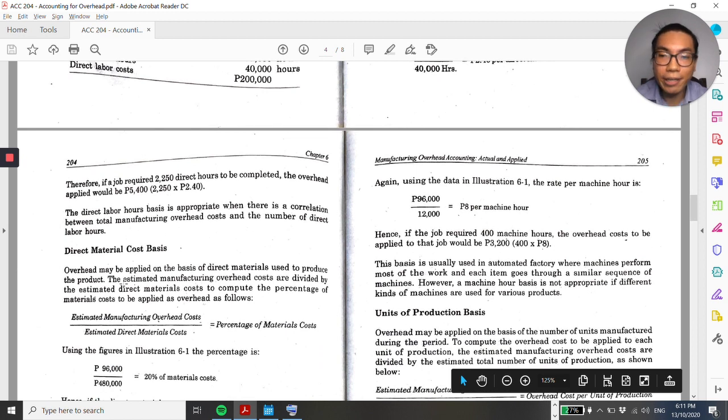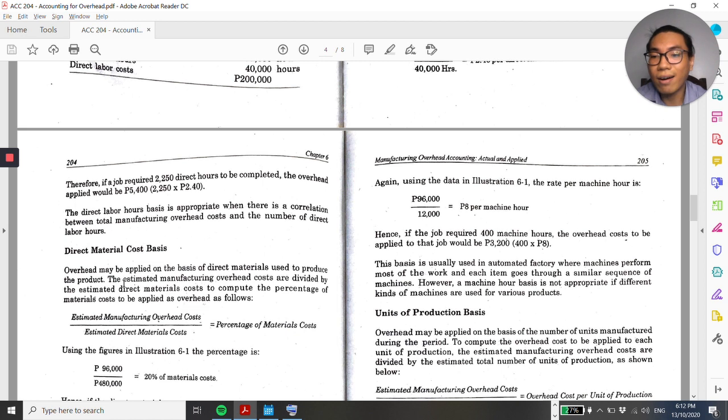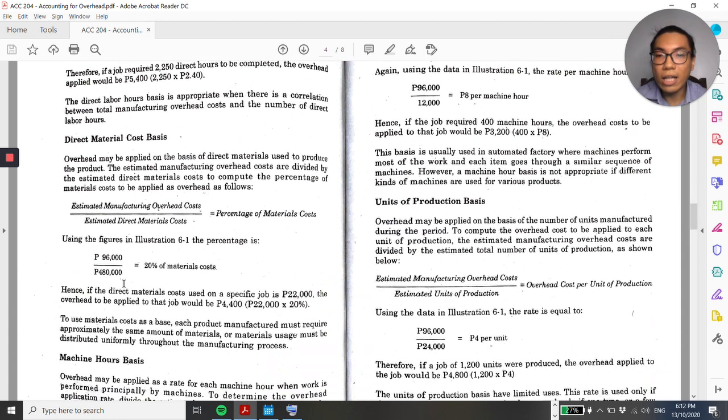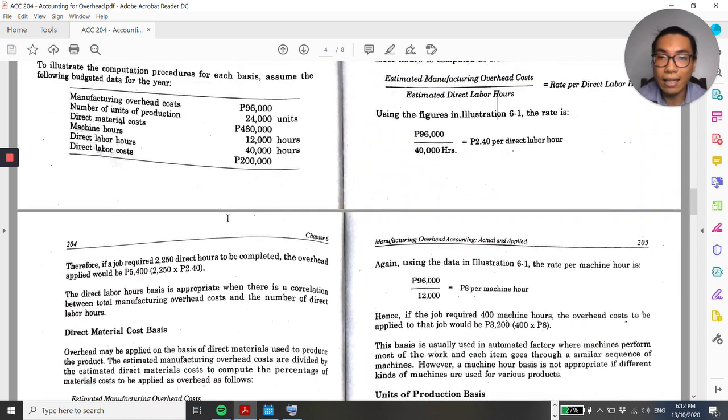Okay, so if direct material naman yung cost ng basis natin, yung denominator natin would be the total direct material costs. And yung answer na makukuha natin we could have the percentage of material costs. Using the same illustration above, the direct material cost natin is amounting to 480,000 pesos.